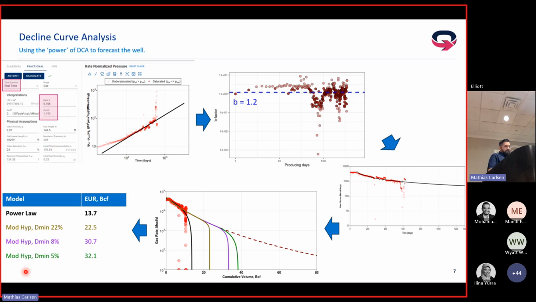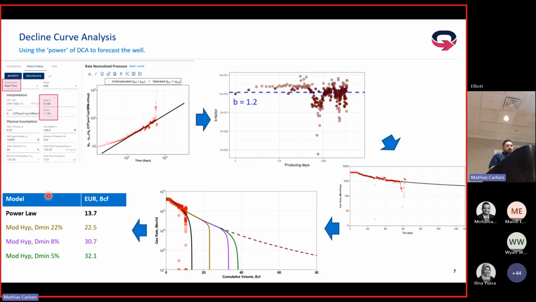And then finally, I just come up with some DCA models, and the only change I'm making, as you can see, is fixing the B factor to be 1.2. The only change I'm making is the terminal decline, the holy grail. We're not going to live for 50 years to see how the world behaves, or even if I care how the world behaves 50 years from now.